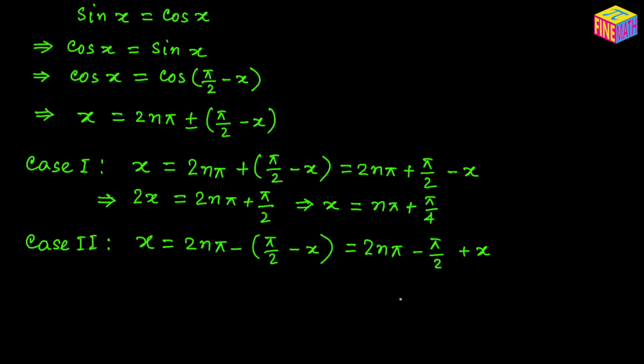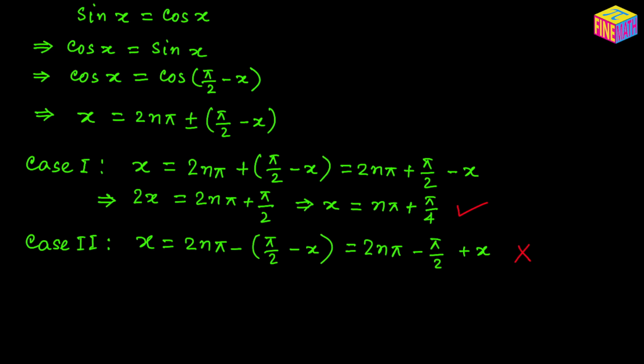So this will not give us any solution because x is going to disappear. So we have to reject the second case. But from the first case, we got the value of x, that is n pi plus pi over 4. So that is the only solution that will satisfy this particular trigonometric equation.